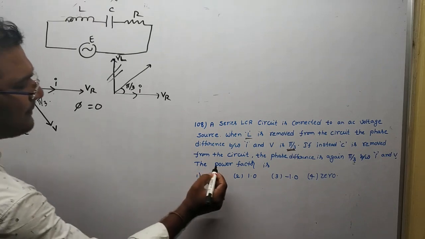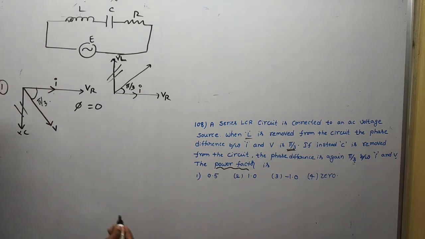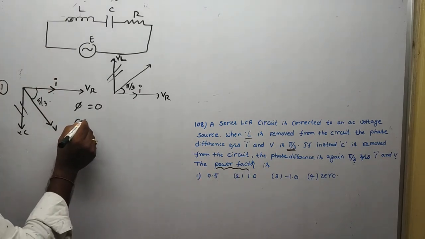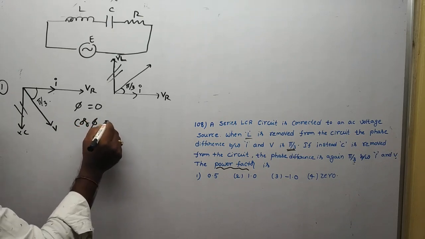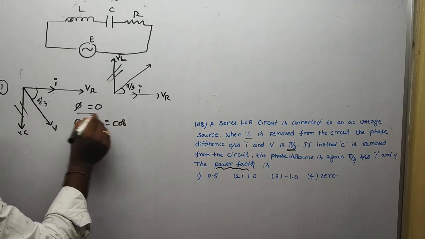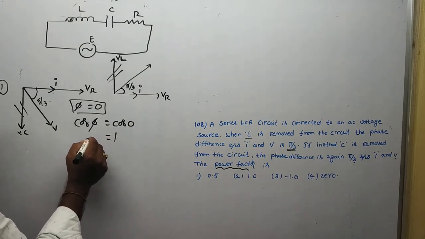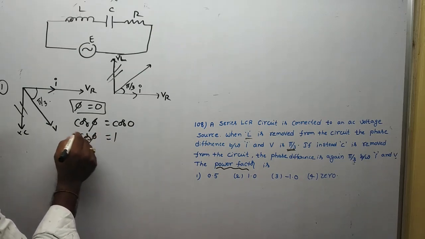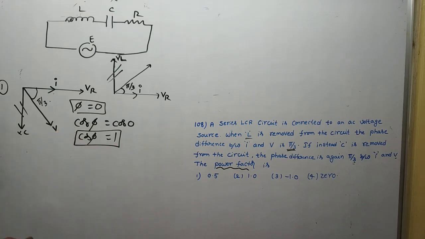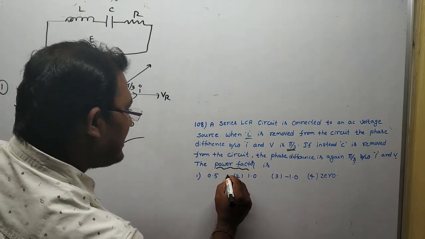Therefore, we know the power factor definition. Power factor is nothing but cos phi. Cos 0 equal to 1. Therefore, power factor equal to 1, which is our required answer. Option 2 is the correct one.